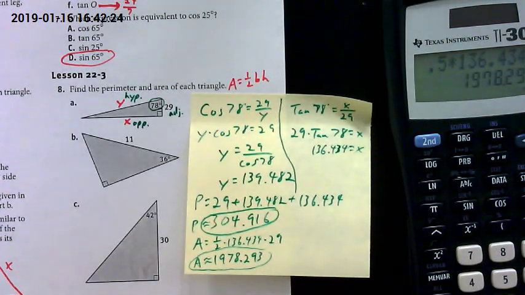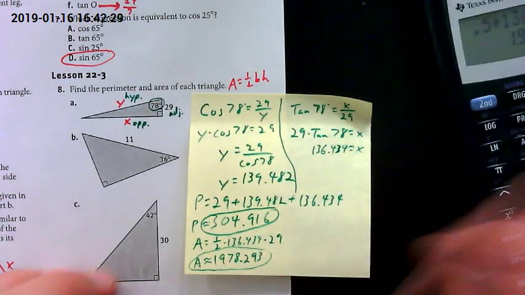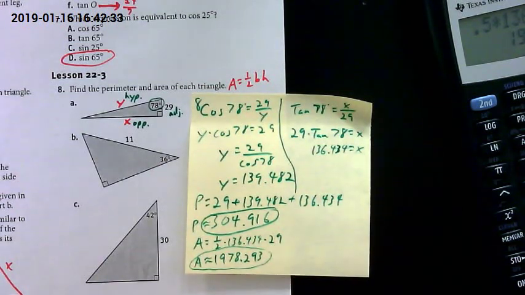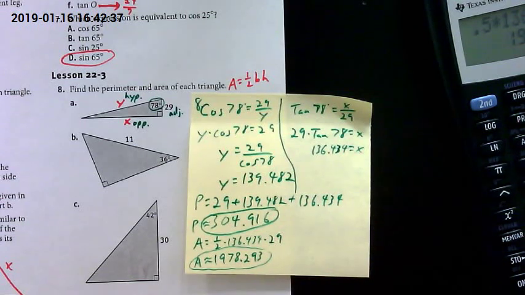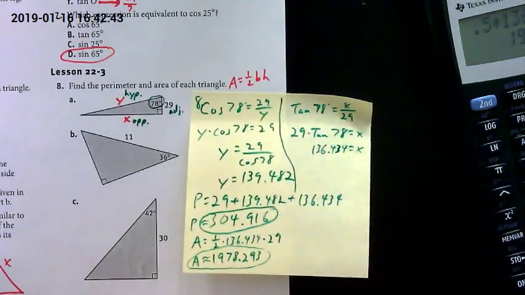Now, that's for number 8. Should probably keep track of what all these sticky notes are for, because this was for number 4.